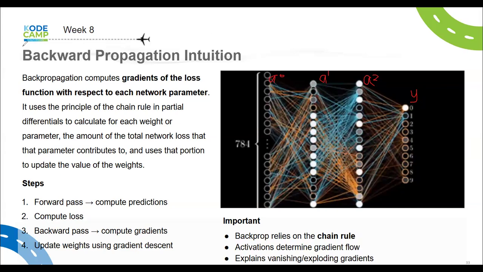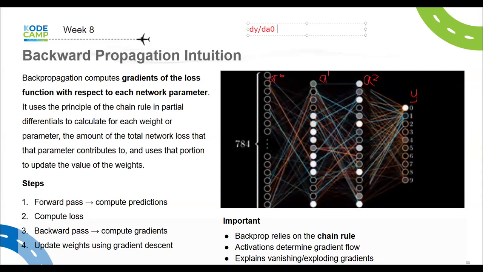Then remember we said something like dy/dA0. This will be saying the impact of A0 on Y, which is what we're trying to look for. We want to calculate the impact of A0 on Y so that it is that impact that forms a gradient.